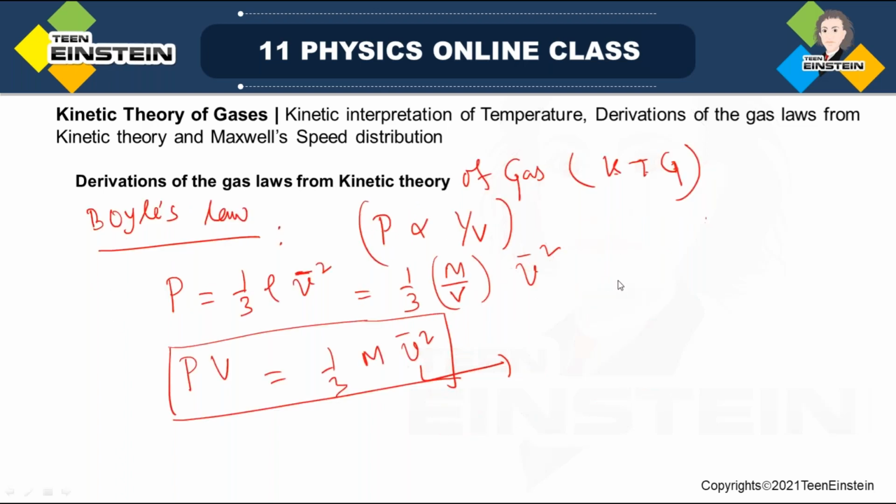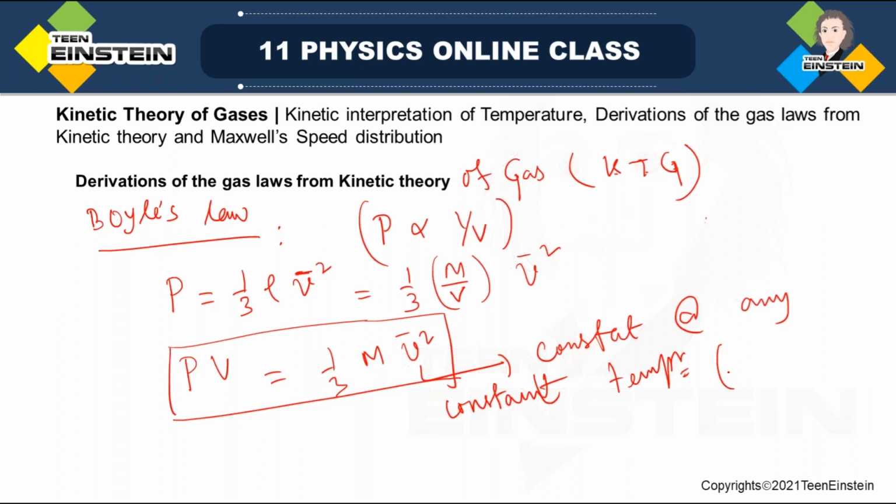So at constant temperature, this part will be constant. Okay, so we can write PV is equal to constant, because in Boyle's law we know temperature remains constant.